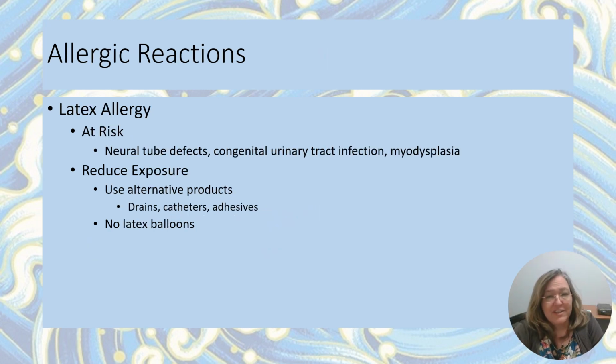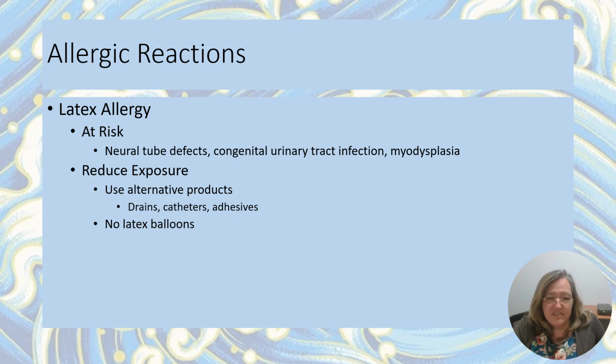Latex allergies are an example of a type of immune hyper-response rather than an immune deficiency. As you know, allergic responses are anything that the body becomes too sensitized to. Nurses used to be one of the highest groups with latex allergies, but that's gotten better since hospitals started supplying different kinds of gloves, and most hospitals have gone latex free.